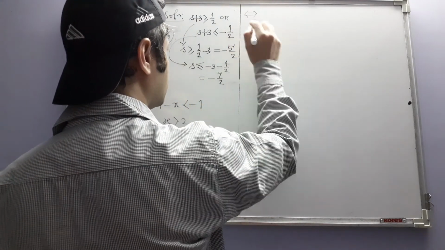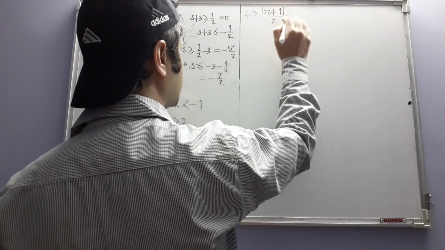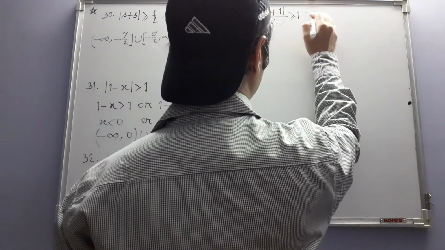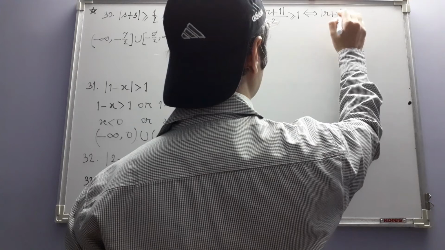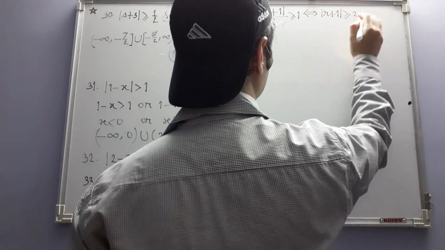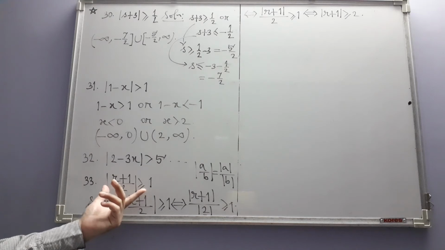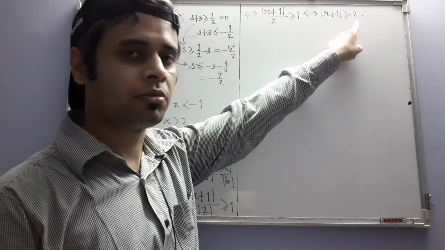This again is equivalent to r plus 1 divided by 2 being greater than or equal to 1, and that in turn is equivalent to this. Instead of working with this inequality, it's equivalent to work with this one.